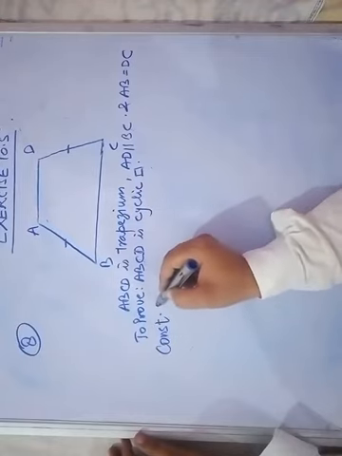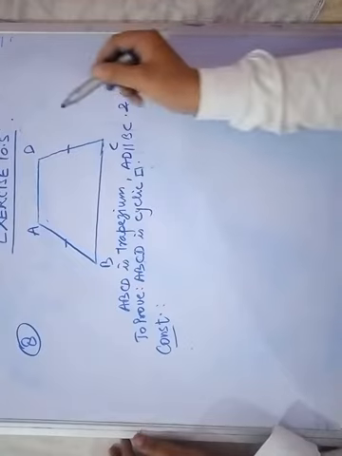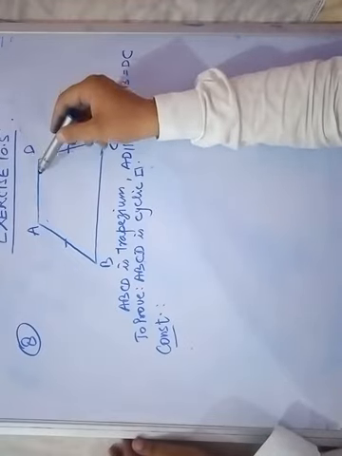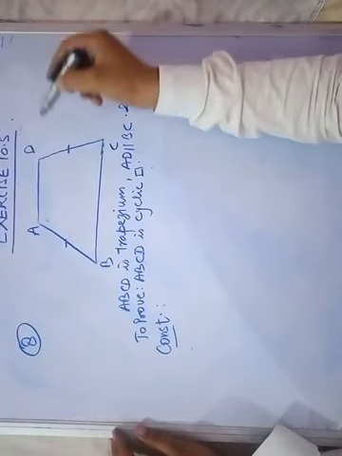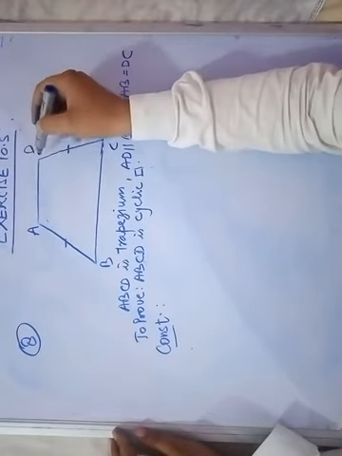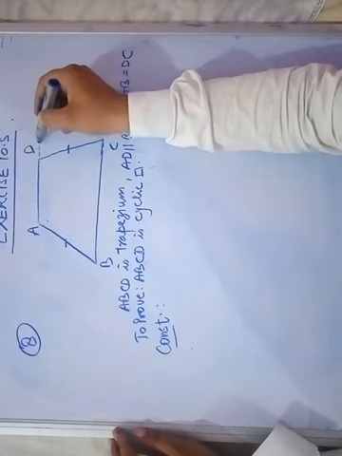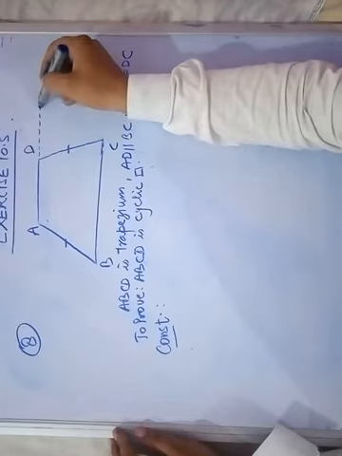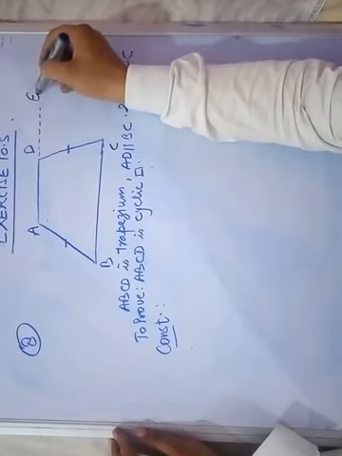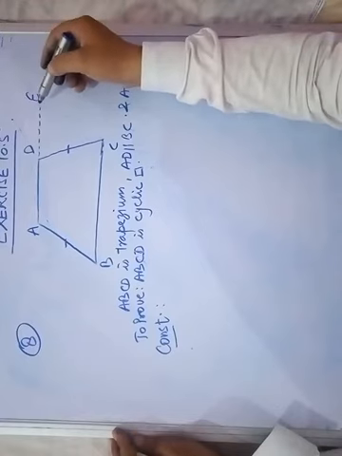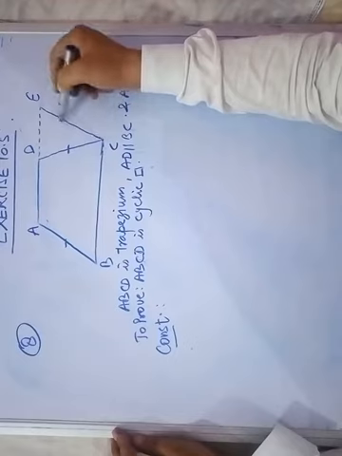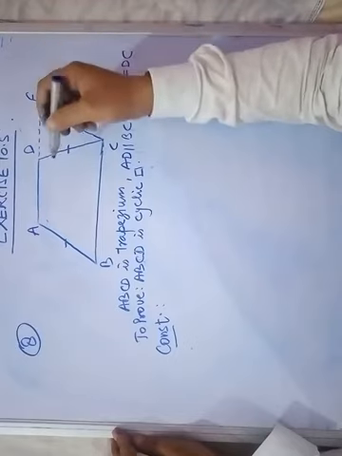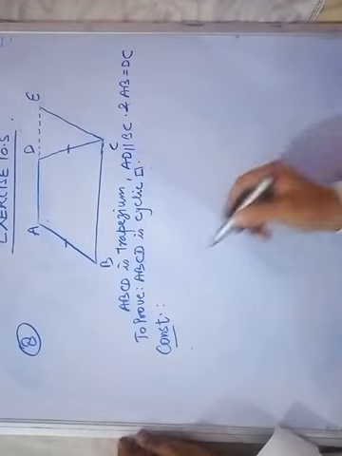In case of a trapezium, we always draw a parallelogram and use properties of parallelogram. So produce AD to E such that EC is parallel to AB.